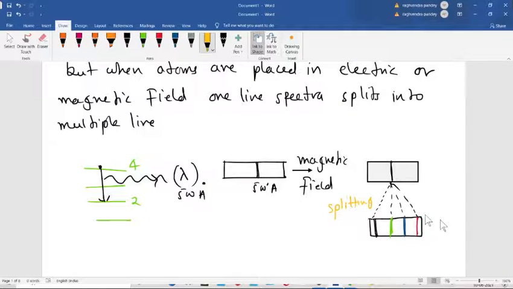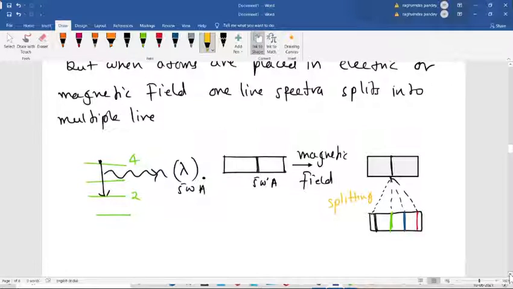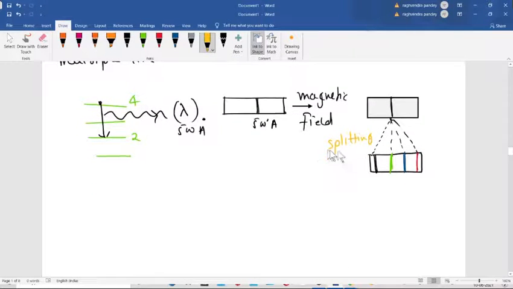Okay, so this is for the magnetic field. Same is for the electric field also. If you put the electric field also, we get the same splitting.